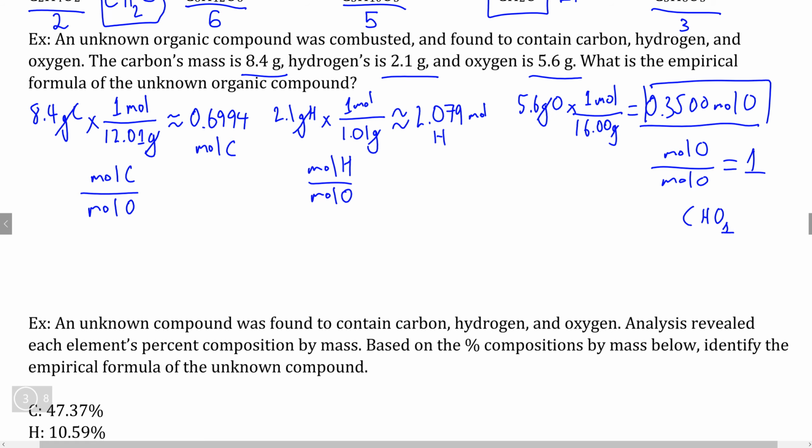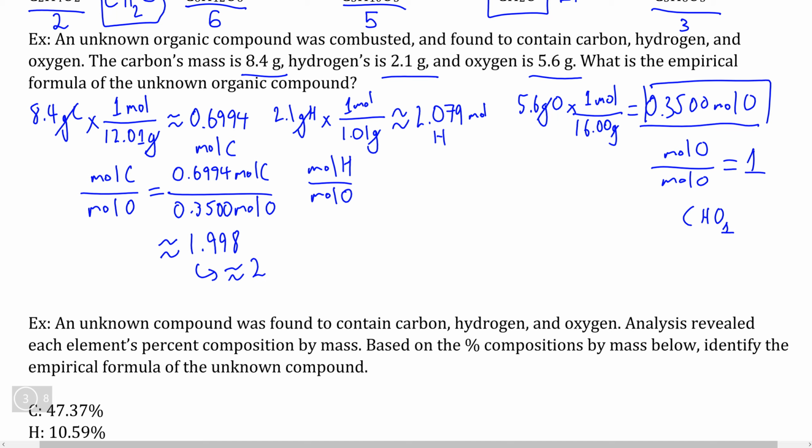So if we take moles of carbon, divide by moles of oxygen, this is going to come to, again, approximately 0.6994 moles of carbon divided by 0.3500 moles of oxygen. And if you put this into your calculator, this comes out to approximately 1.998, 1.99 repeating. We can then round up and say that this is approximately 2.